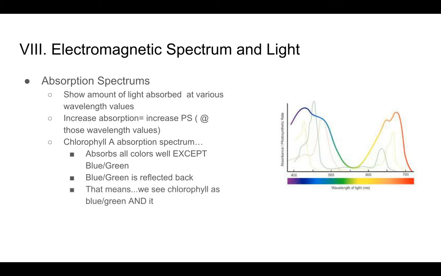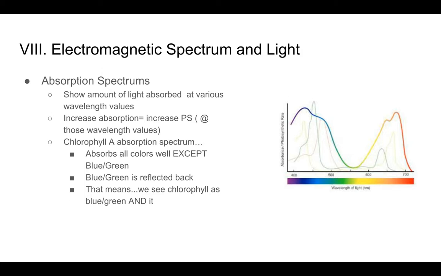So that means that we see chlorophyll as blue-green. Oh, and it is the primary pigment in photosynthesis because it's so good at absorbing all of those other color range values.